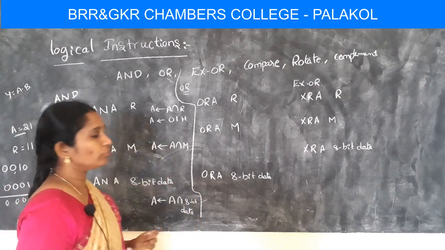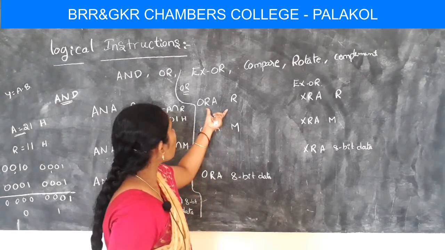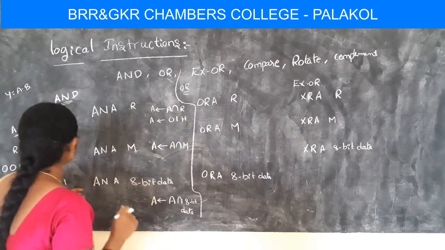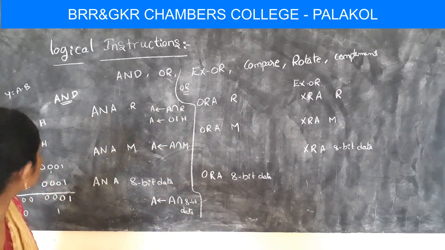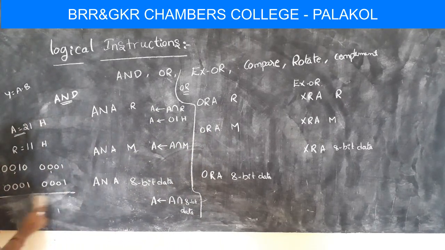After that we come to the OR operation. OR is nothing but an addition operation. The same example I will consider here: A is equal to 21 and R is equal to 11.